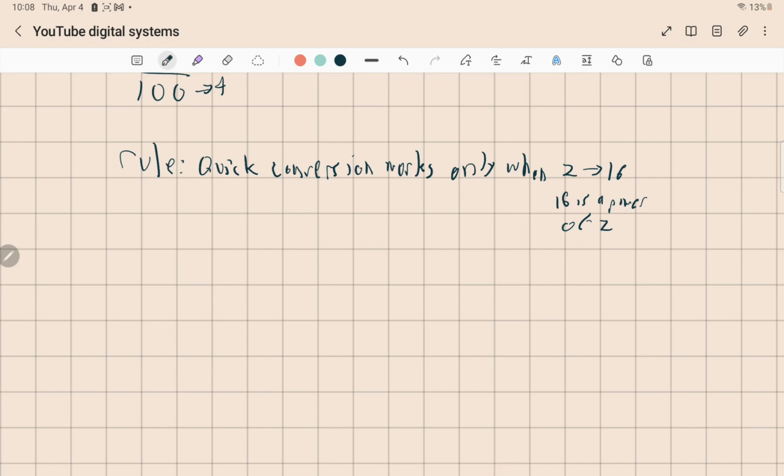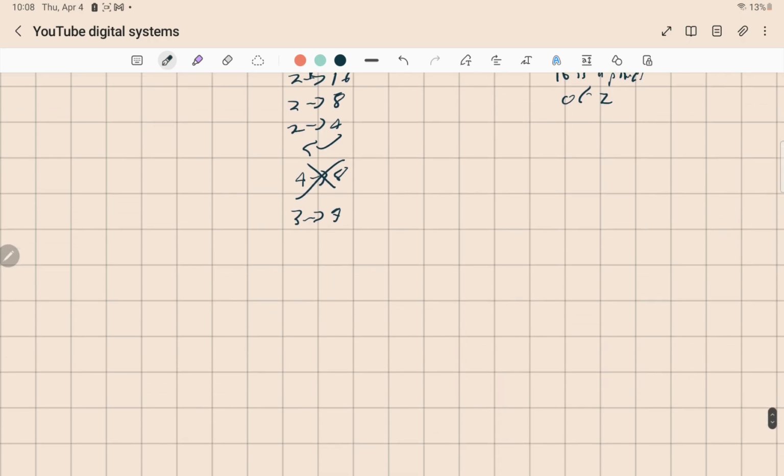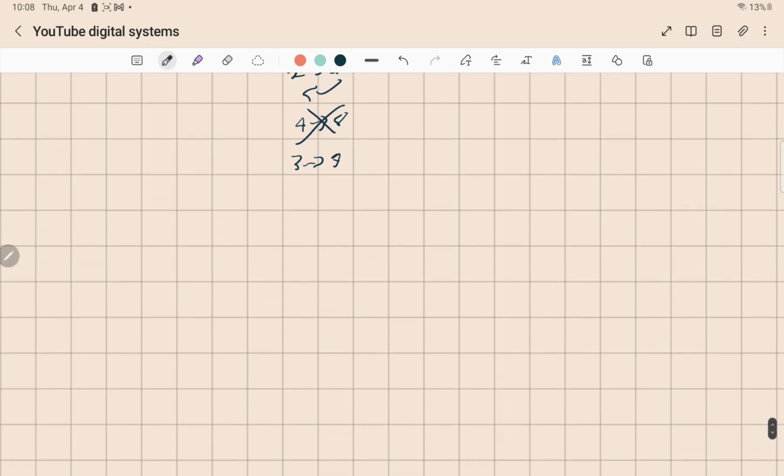So it works between 2 to 16, 2 to 8, 2 to 4, or it also works backwards. It does not work from 4 to 8. It does work from 3 to 9. Okay, so this is how we'll do it.